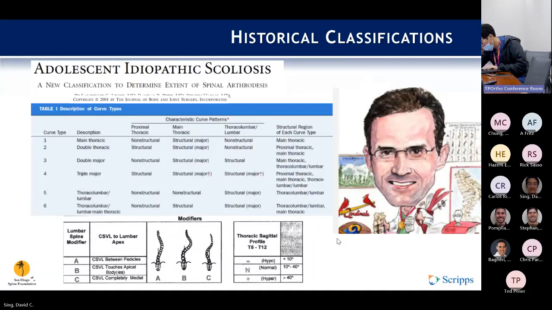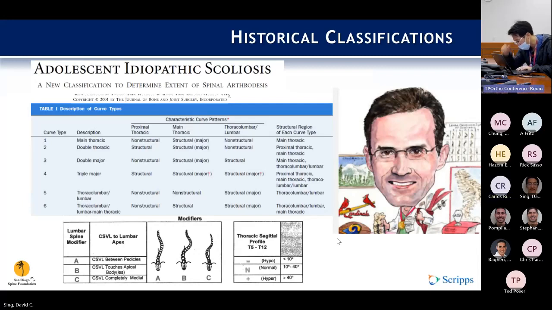In 2001, Lenke classified adolescent idiopathic scoliosis further based on the Cobb measurements to define major curves. Structural curves are typically defined if the side bending films remain greater than 25 degrees in the thoracic spine, or if kyphosis was greater than 20 degrees.